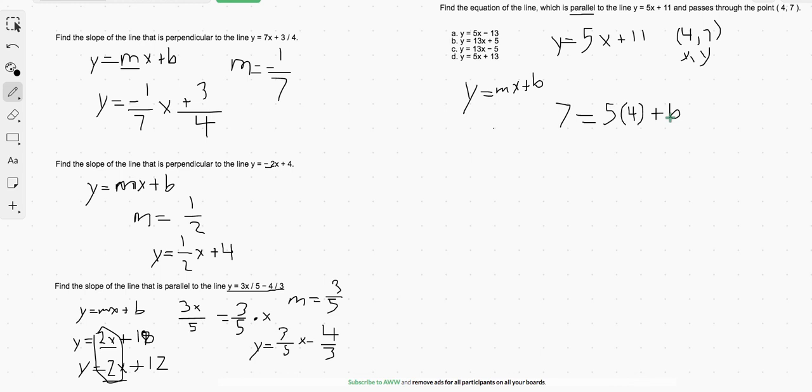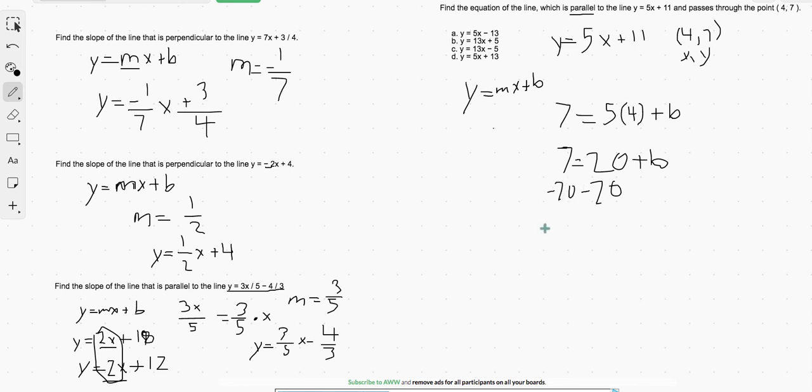You have to do plus b because you want to find b again. So then you do 7 equals 20 plus b. You just multiply this and keep this the same because it's on the equal sign. So then you do minus 20 here and the same here.